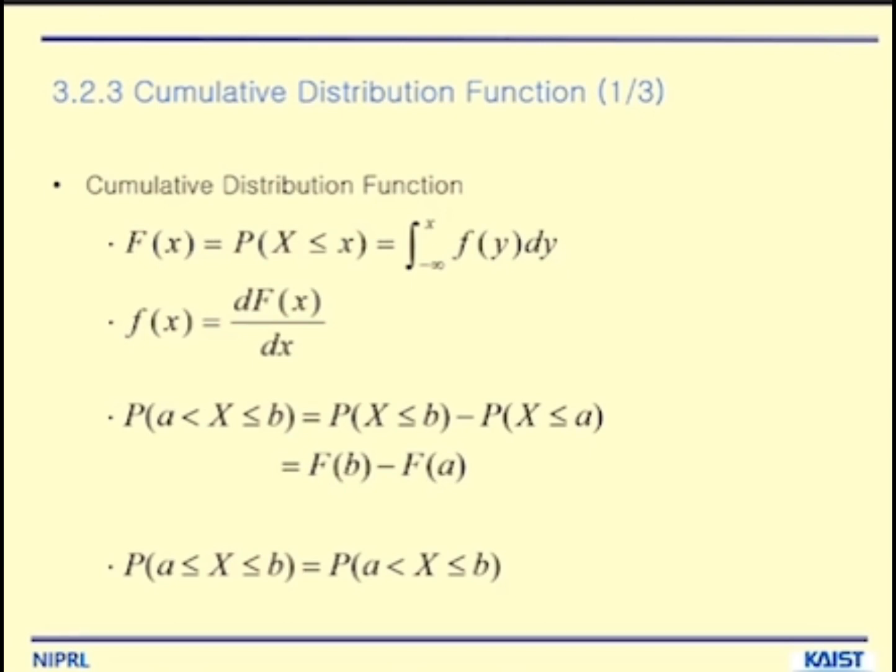The probability of X less than or equal to B is the same thing as uppercase F of B. What does that mean? If I have my F of x, all I need to do is plug in B and plug in A, then I subtract. When I'm doing that, I'm doing the probability of X lying between A and B.